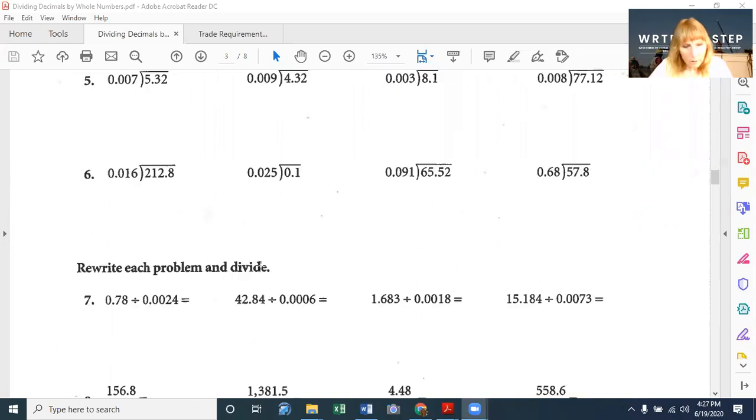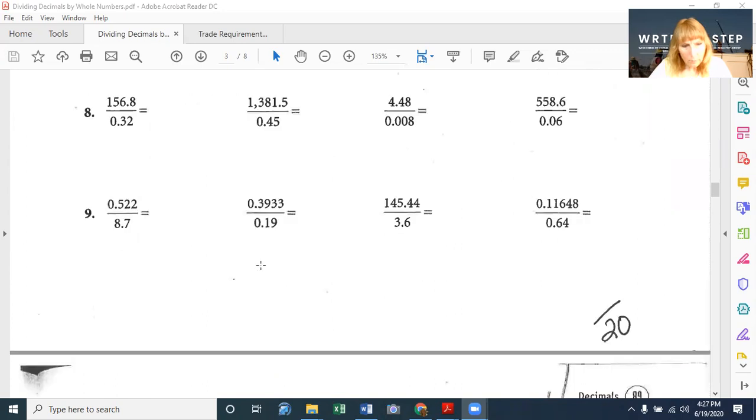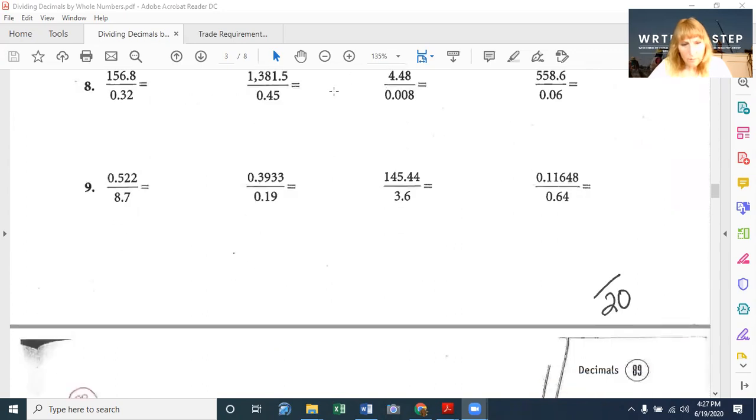Okay, let's see. Rewrite each problem and divide. So let's do one of these, number 9. Let's do number 9 here. Right here. Let's do that one. So, make some white space here.